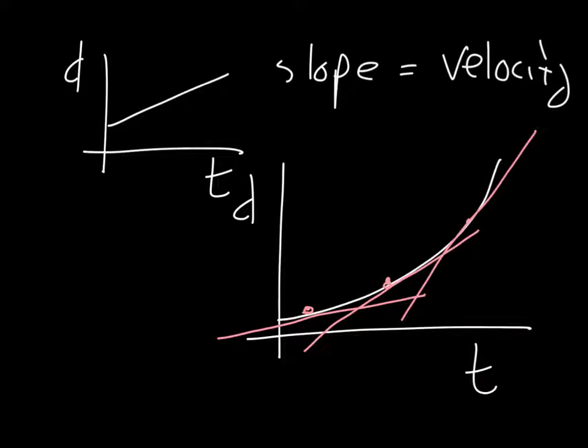Its velocity is changing in the positive direction, okay? It was positive, now it's more positive, now it's more positive. It's changing in the positive direction, so my acceleration is positive because it's changing in the positive direction. Does that make sense? All right.